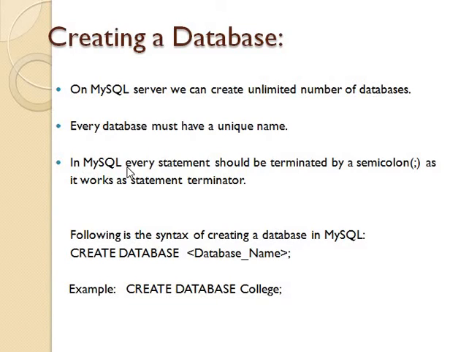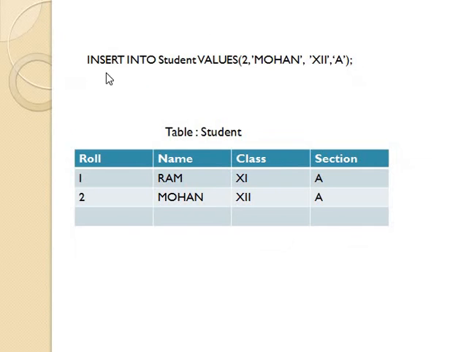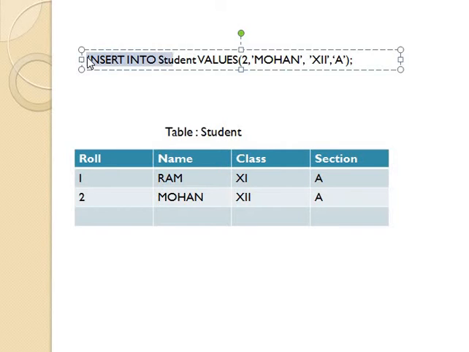Then the next point is, in MySQL, every statement should be terminated by a semicolon, as it works as a statement terminator. Now consider this MySQL statement: insert into student values, where the values specified here are 2, Mohan, XII and A. This statement should end with a semicolon.